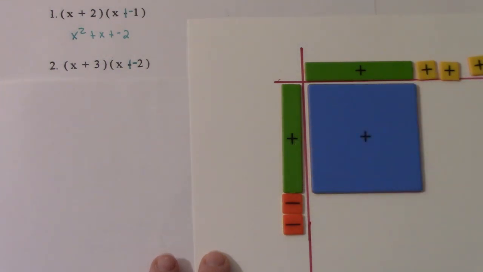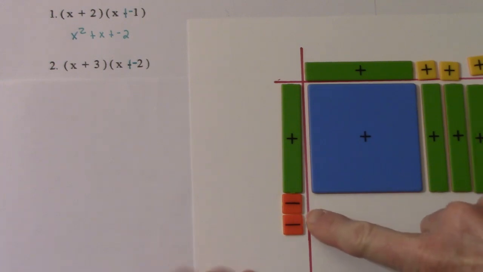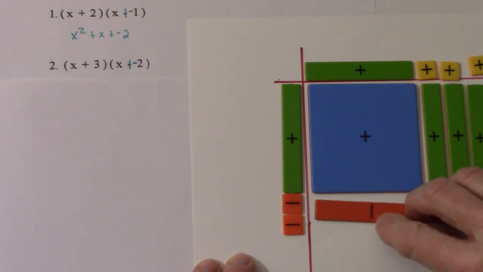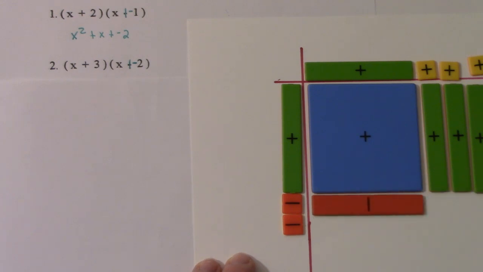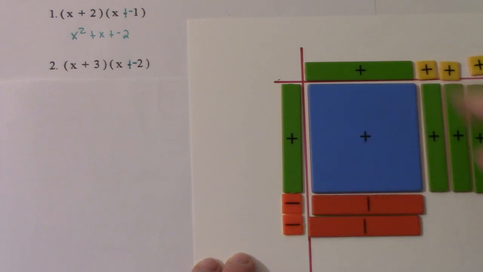X times 1 is x. X times 1 is x. X times 1 is x. And now when we go this way, we have a negative 1 times x, and that's a negative x. Negative 1 times 1 is a negative.